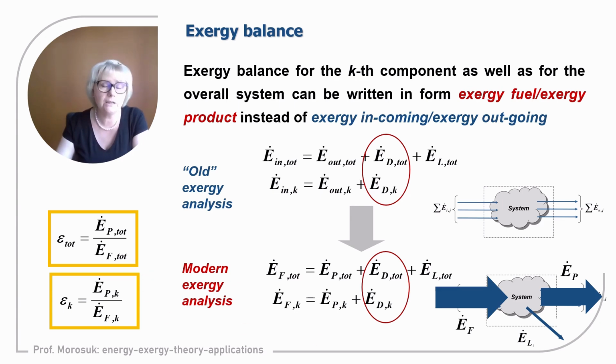And this is the strength of modern exergetic analysis, that we can properly calculate exergetic efficiency and discuss further how to proceed with improvement of components and, of course, of the overall system.